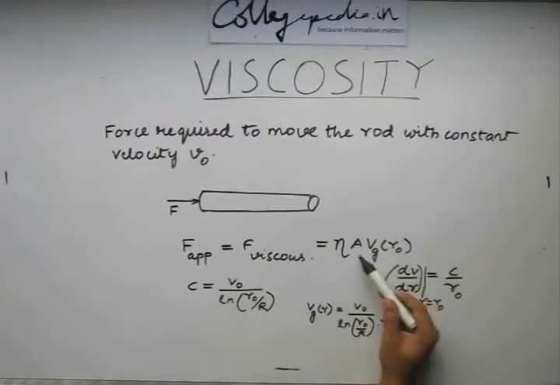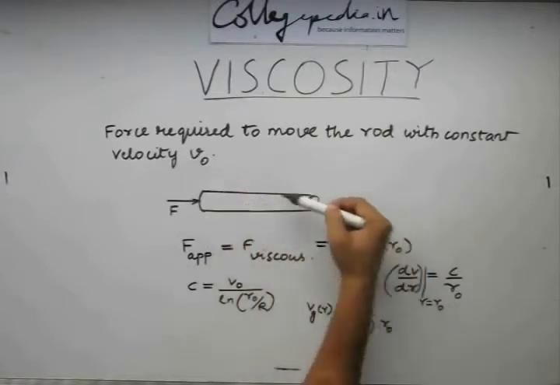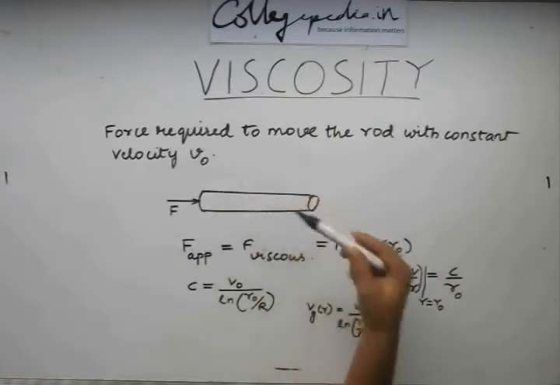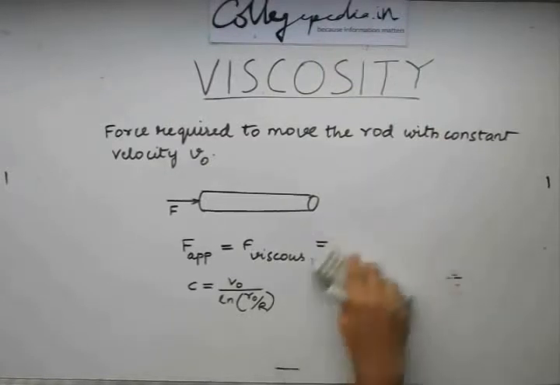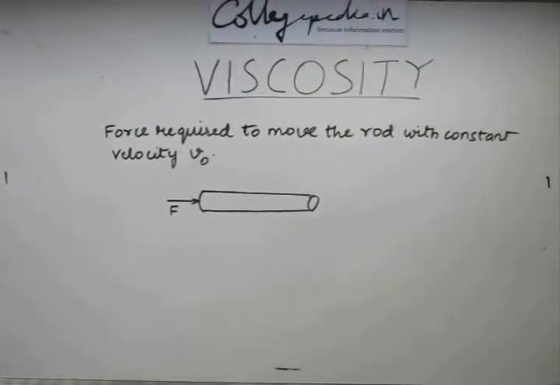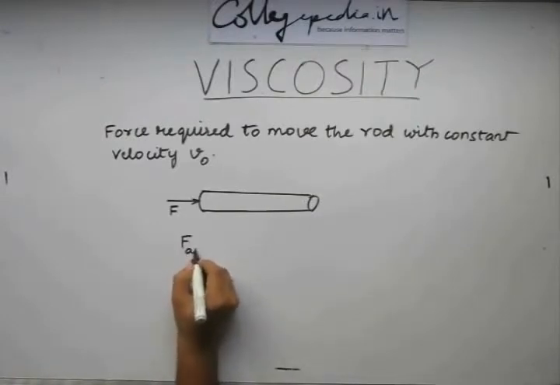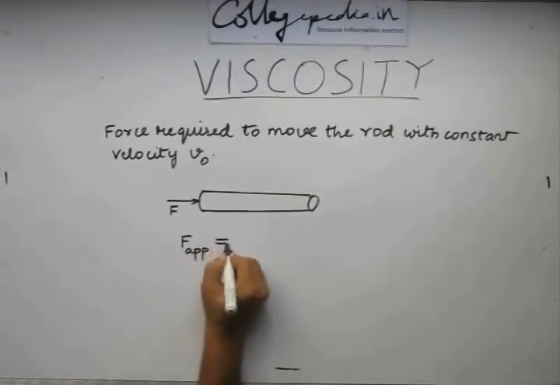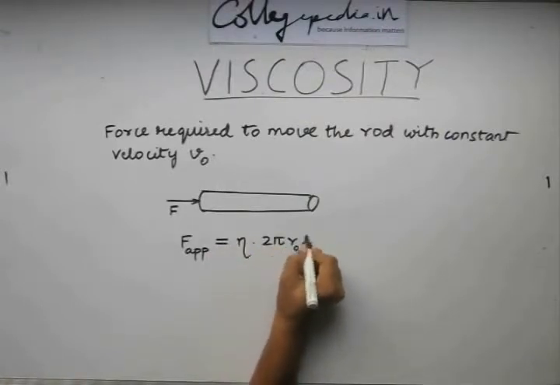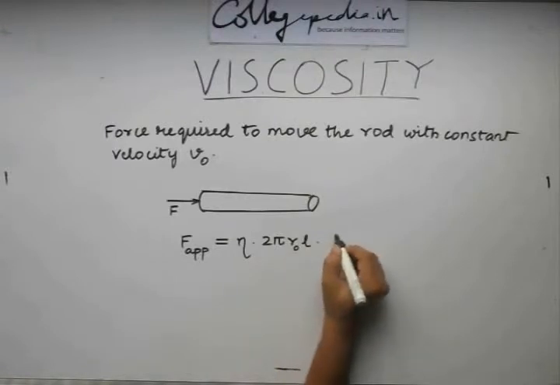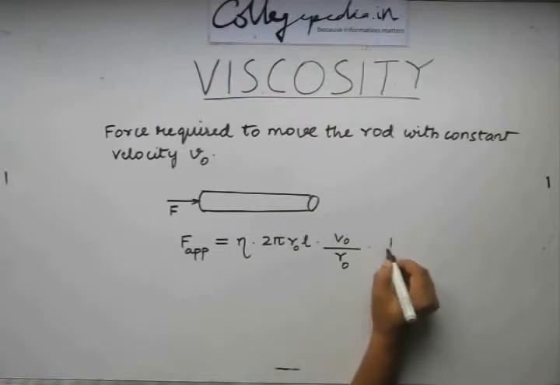We put this here. For the area of cross section, we have the surface area of the cylinder, and eta will remain as it is. So if we do that, we get the applied force to be equal to eta times 2 pi r naught L times the velocity gradient, which is going to be v naught by r naught times 1 by ln of r naught by r.